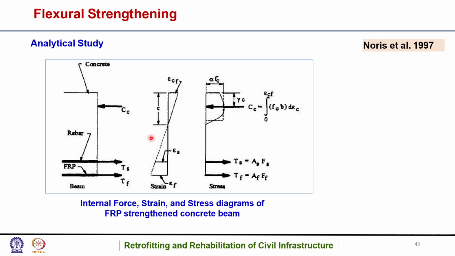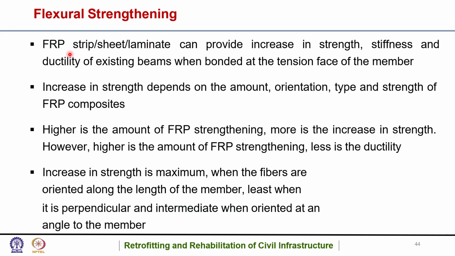Okay, so this was the analytical study, and here it was found that FRP strip sheet laminate can provide increase in strength, stiffness, and ductility of existing beams when bonded at the tension face of the member. Okay, and increase in strength depends on the amount, orientation, type, and strength of FRP composites.